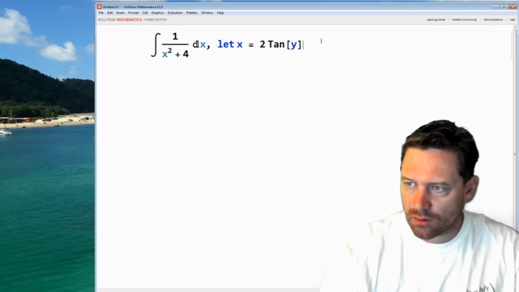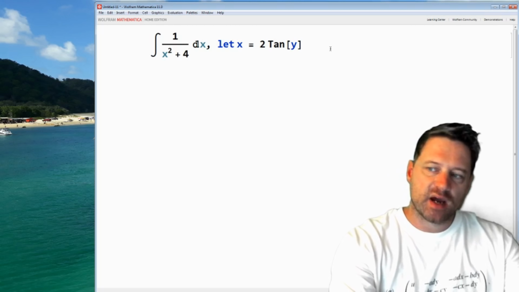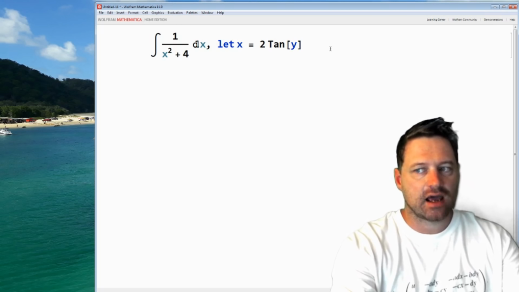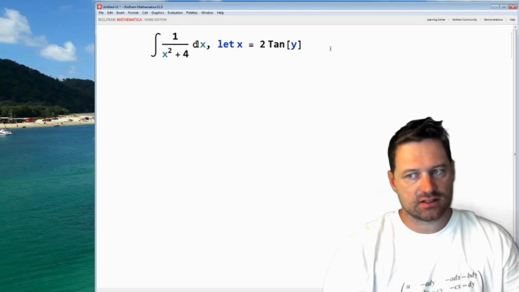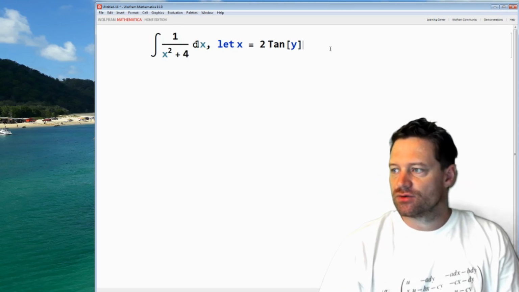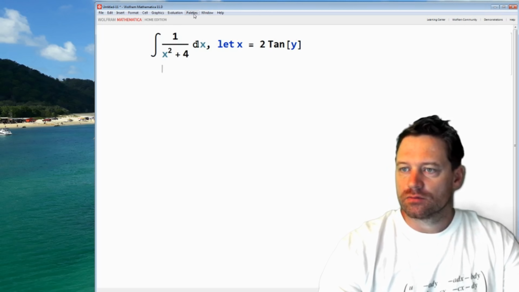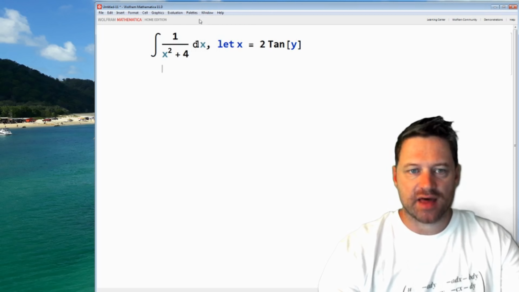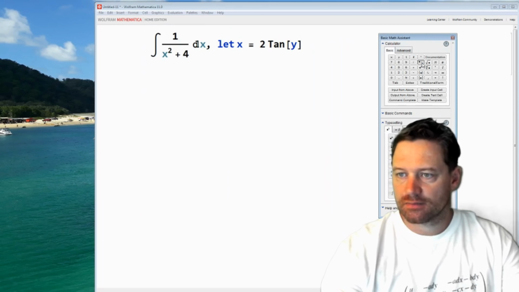Now step 1 is to differentiate this. You could do this by hand. So you want to observe that tan of y is sine of y over cos of y. This is just a trig ratio that you learn when you first learn about trigonometry. So let's open up a palette and pull out a fraction. Basic Math Assistant. I'm looking for fraction.